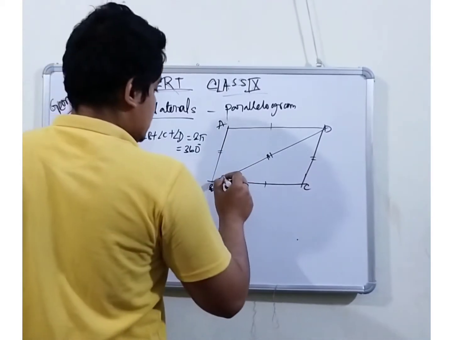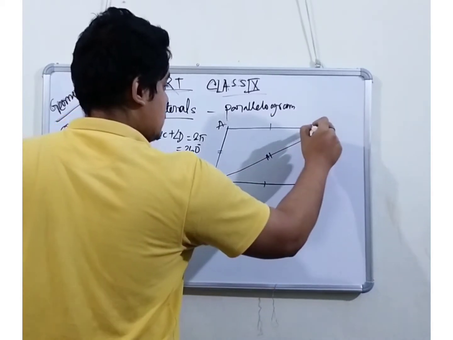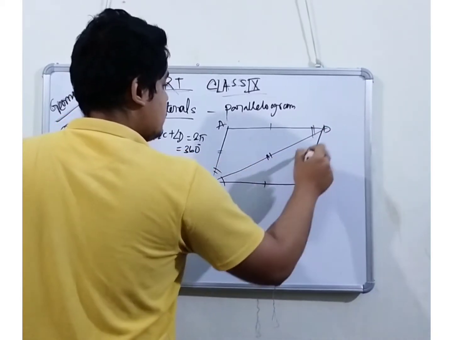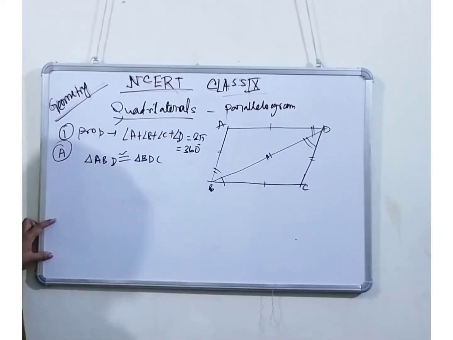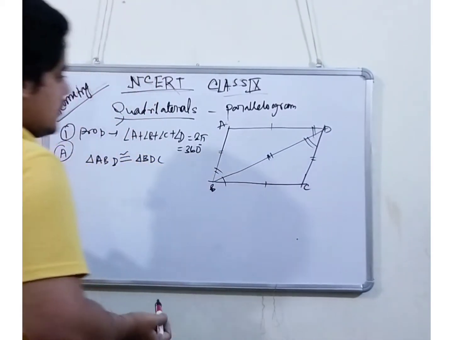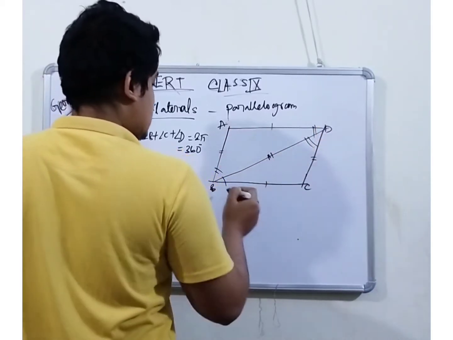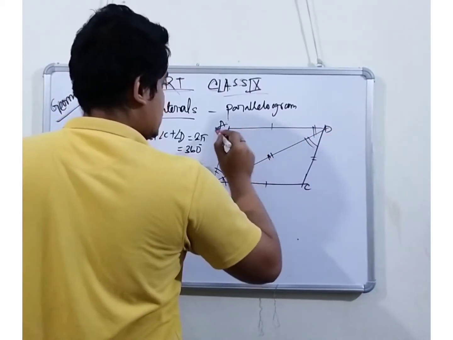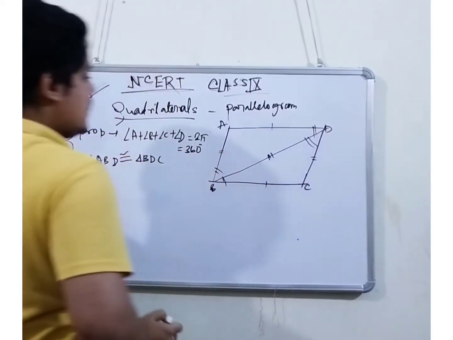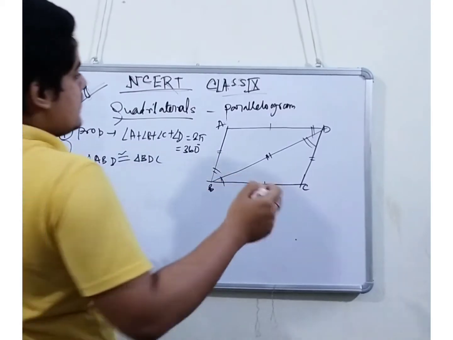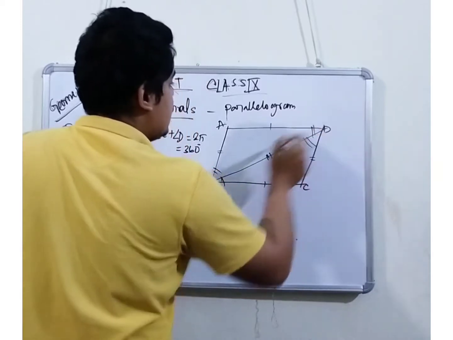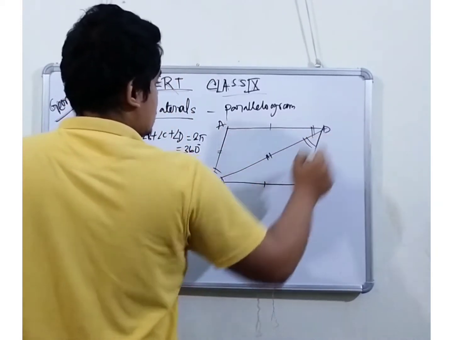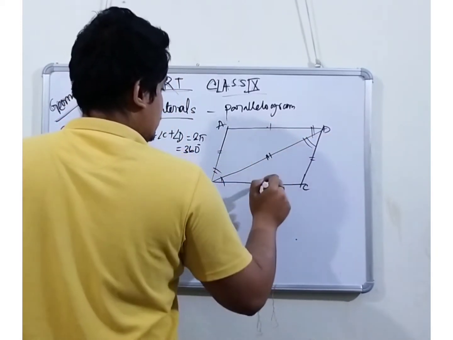Apart from that, we can say these two angles will be equal. Now opposite sides are equal, these two angles are equal to each other, and these two sides are equal. This says that these two lines are parallel and that is a transversal. So these lines are actually parallel to each other.